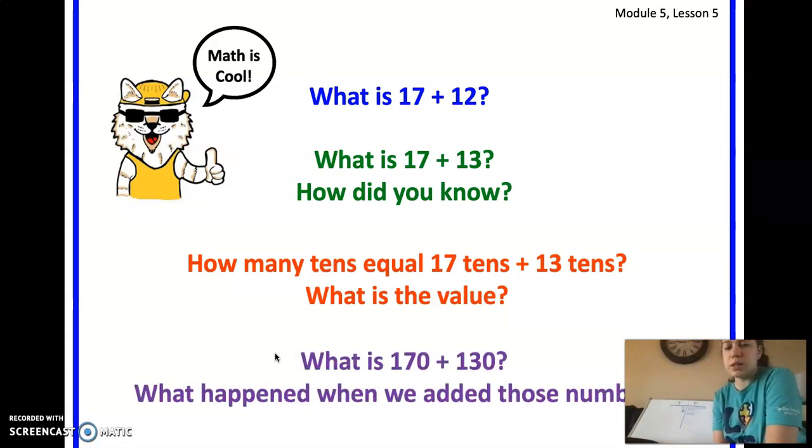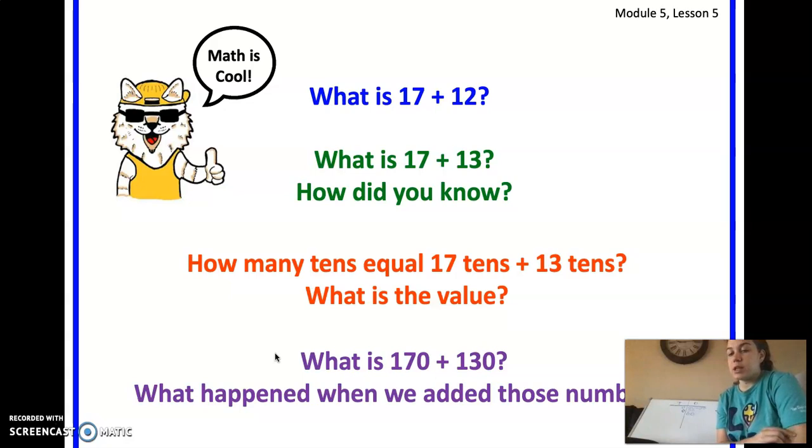Now, what is 170 plus 130? Good. I know it's 300 because 30 tens is equal to 300. So I used my problem from above that said 17 tens plus 13 tens equals 30 tens.